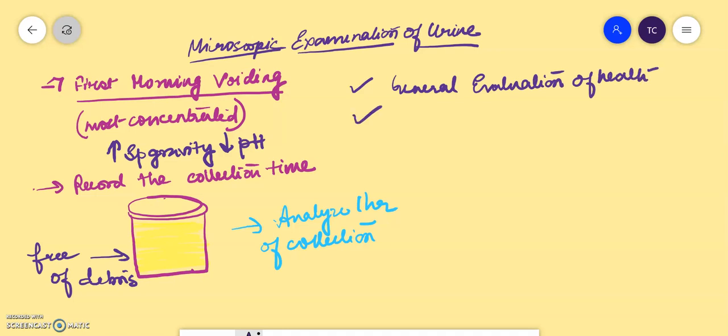Then diagnosis of metabolic or systemic disease that affect kidney function.